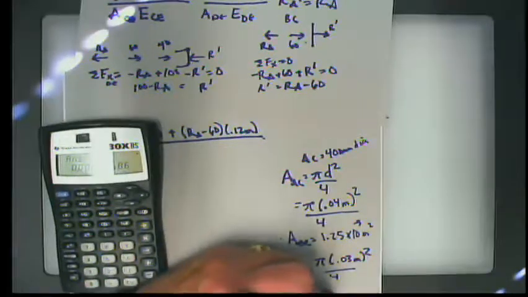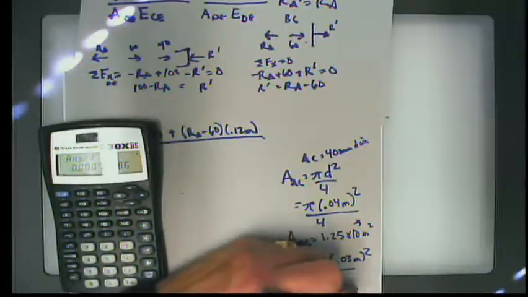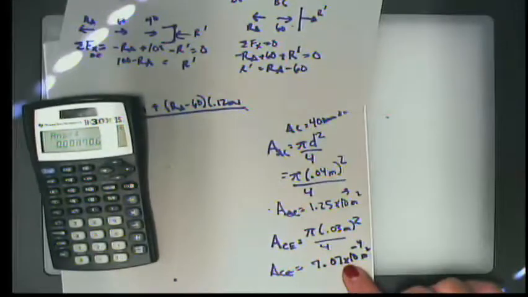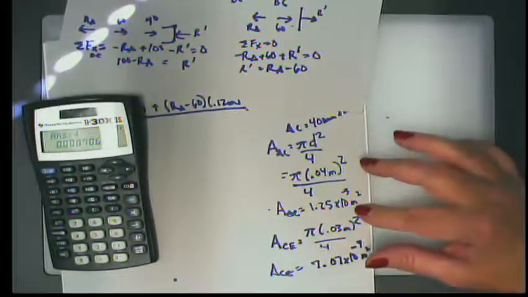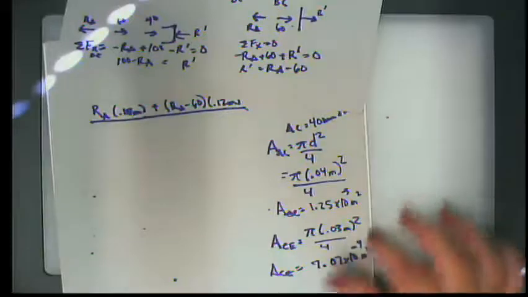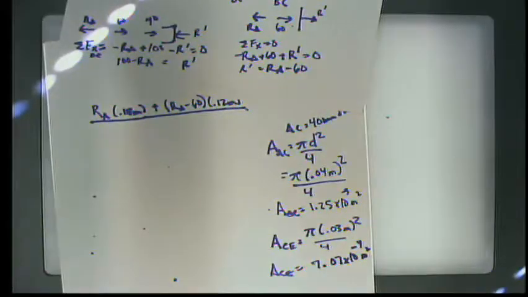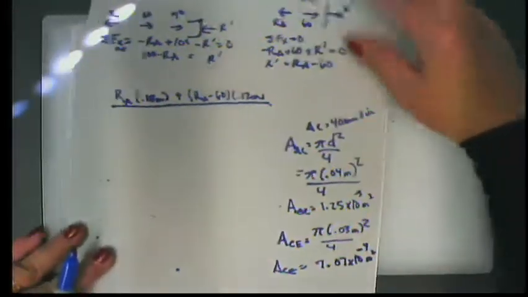That number is 7.07 times 10 to the minus 4 meters squared. When I first did this calculation, I ended up with this number being larger than this number, which is not possible for having a smaller diameter, so I had to go back and recompute that.